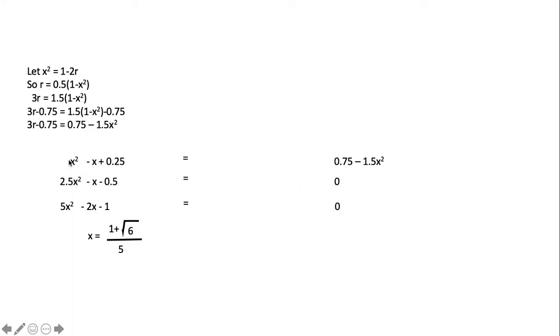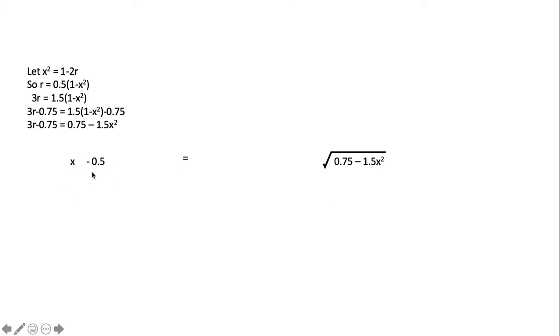Squaring both sides, x minus 0.5 squared is x squared minus x plus 0.25 because x times x gives you the x squared. X times minus 0.5 plus another x in another bracket times minus 0.5 in the other bracket gives you a whole minus x, and 0.5 times 0.5 gives you 0.25.